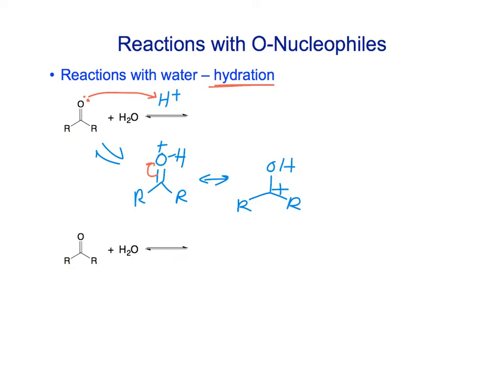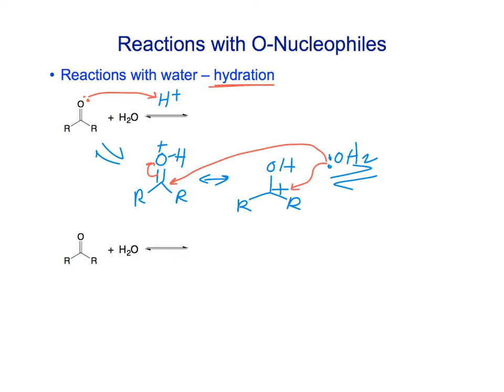Those are just resonance forms, so we can use either one of those to show our reaction. We can either show the water reacting with the carbocation resonance form, or we can show it reacting with the resonance form that looks more like the carbonyl.